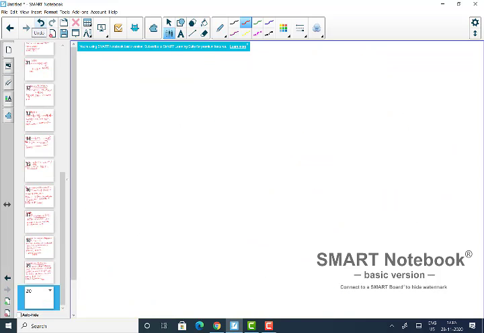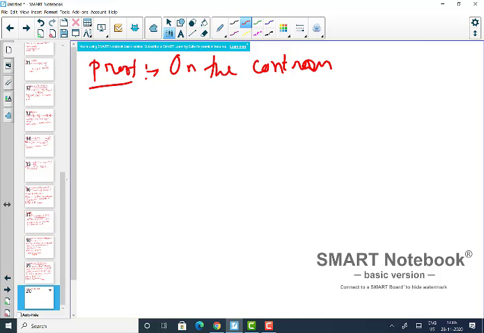So how to prove this kind of statement? You can prove it by contradiction, right? So on the contrary, let us assume that this is reducible.